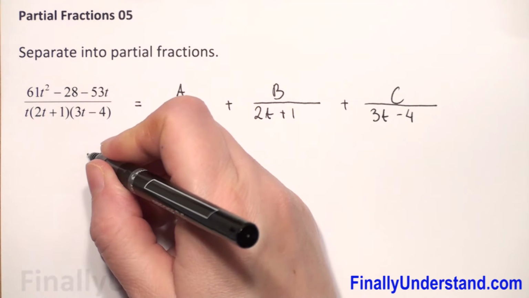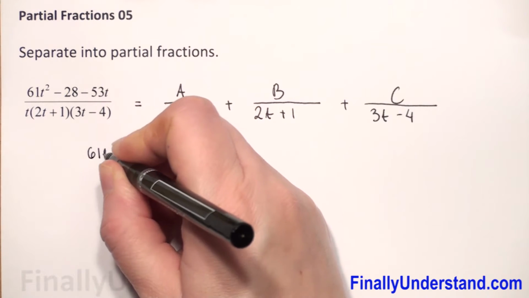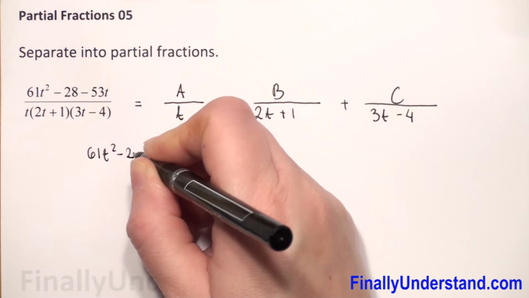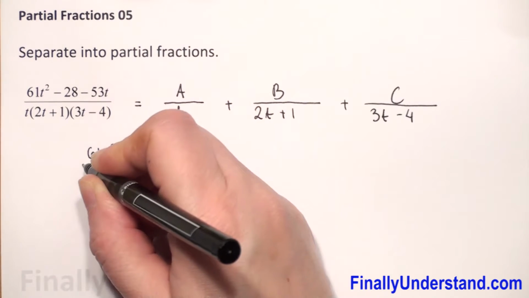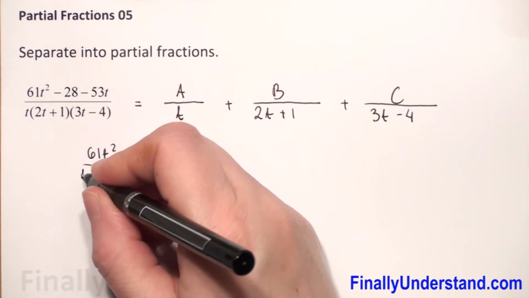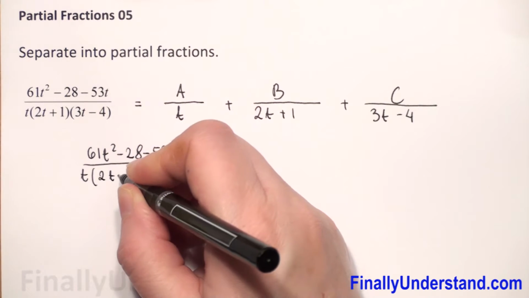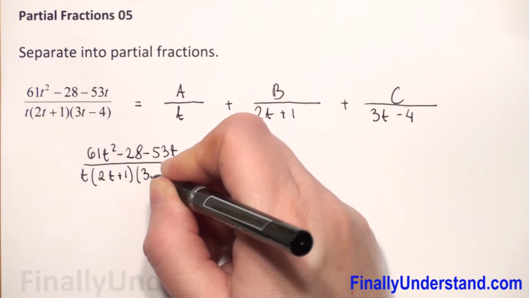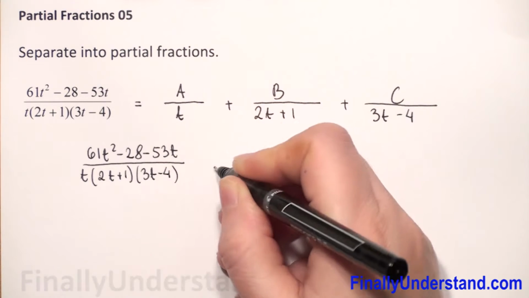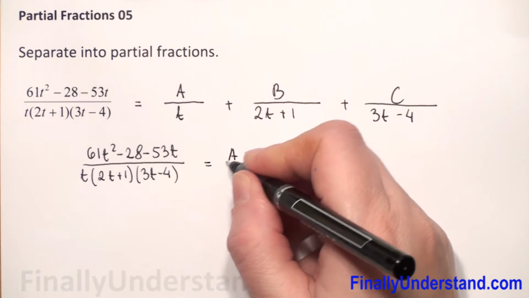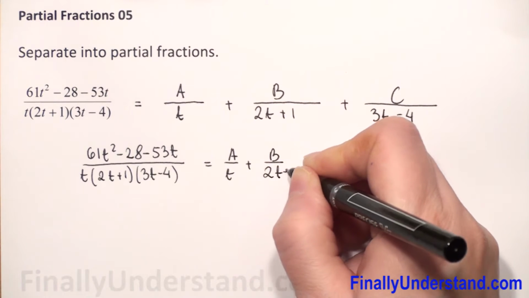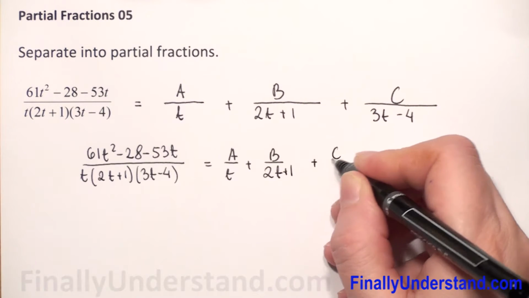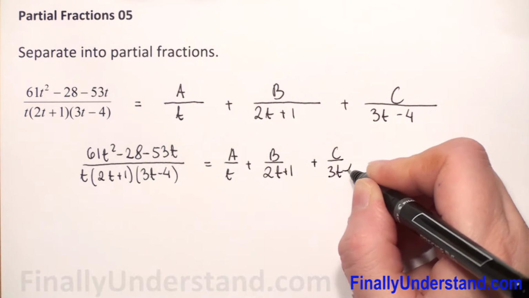It will be 61t squared minus 28 minus 53t over t times 2t plus 1 times 3t minus 4, equal to A over t plus B over 2t plus 1 plus C over 3t minus 4.